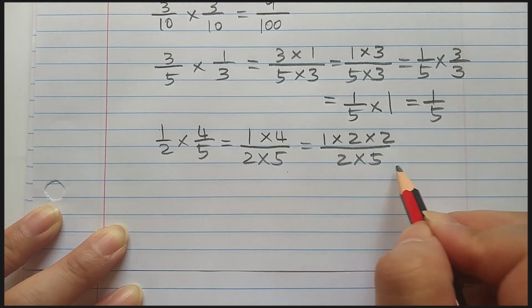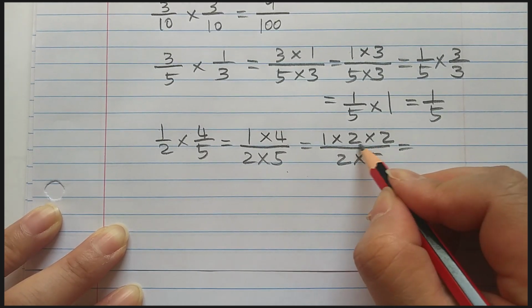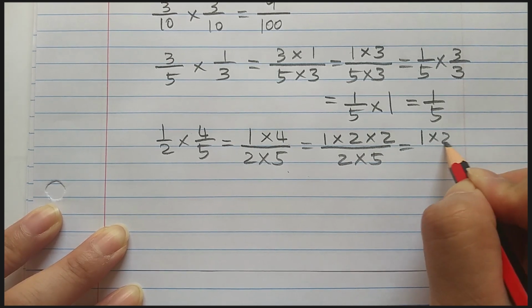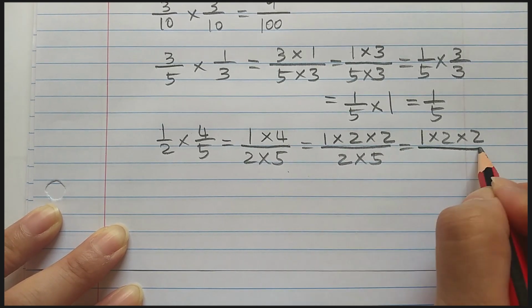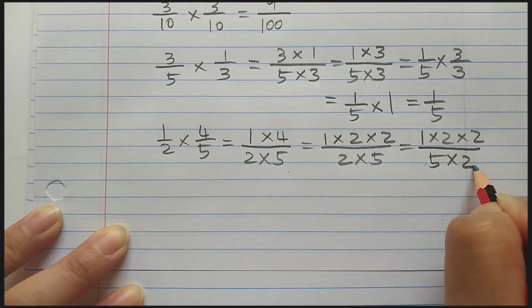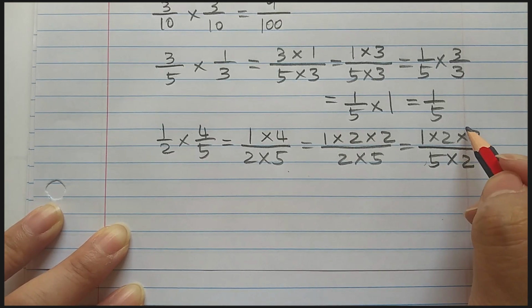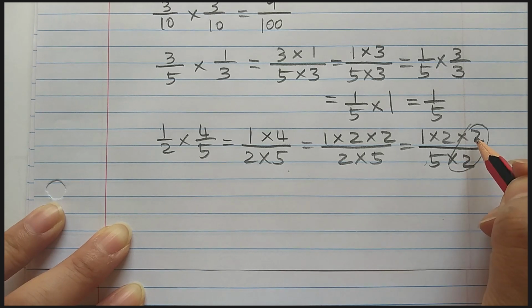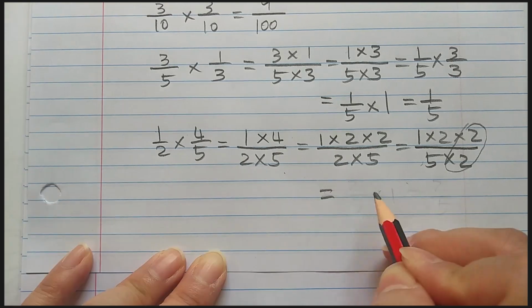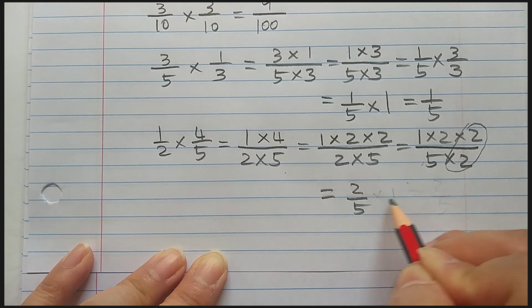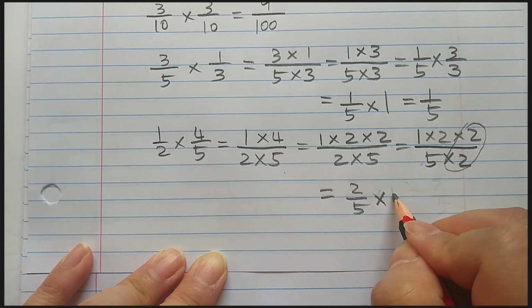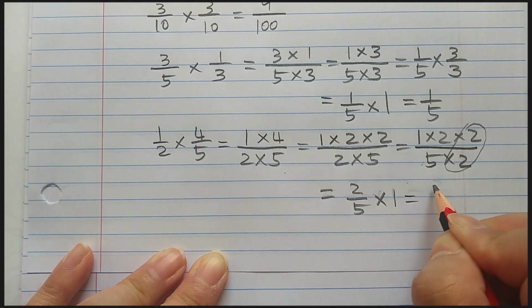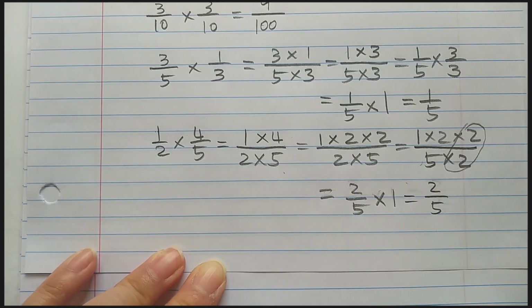We can switch the place. This is 1 times 2 times 2 over 5 times 2. This is equivalent to 1. So 2/5 times 1, which is 2/5.